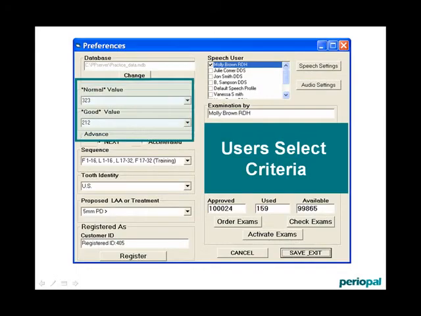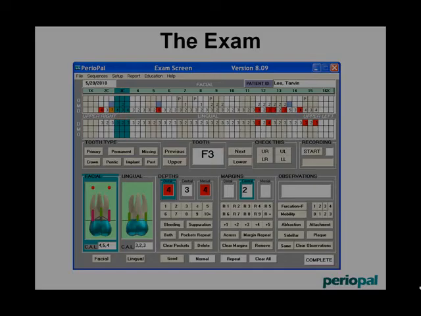The Preferences screen allows the user to select numerical values from a computerized list that matches their criteria for a normal or good condition. With PerioPal, the proposed treatment feature enables the user to select probing depth criteria from a computerized list that matches the practice's periodontal protocol for therapy.